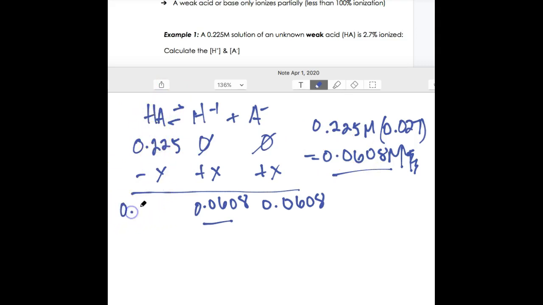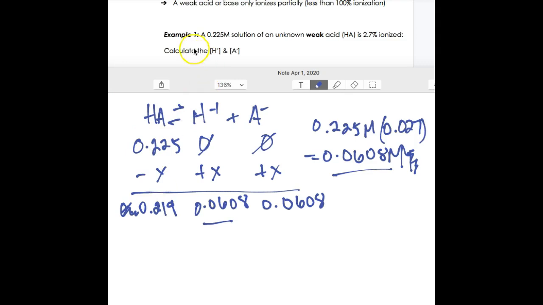So that's how much acid remains after some of it got dissolved. And so you put 0.225 minus X in your calculator, and you're going to get 0.219. I recommend you do this for every problem and then you start answering the questions.